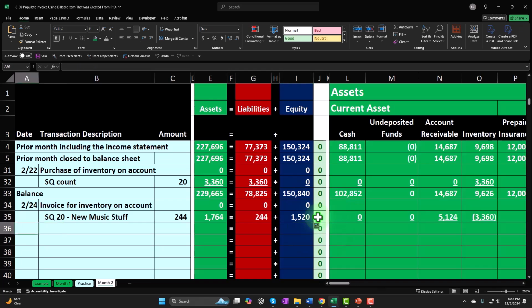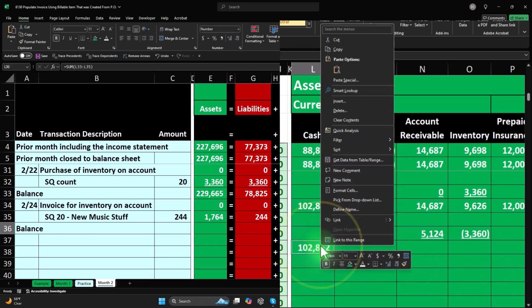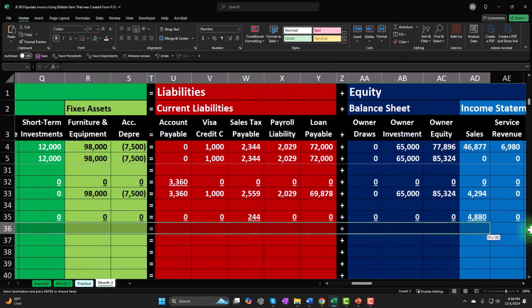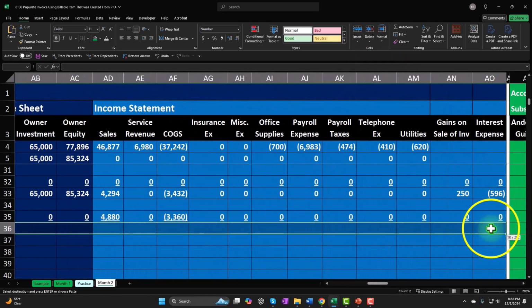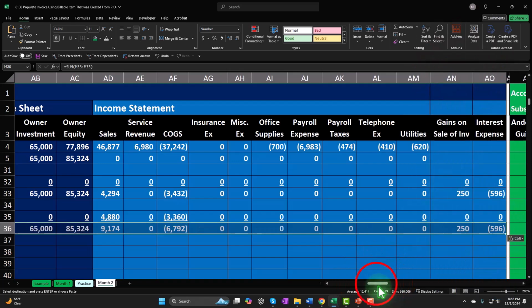All right, now let's bring down the ending balance. So I'm going to sum it up, equals the SUM, prior balance plus the current activity. Right click and copy. We're going to paste that all the way across, but paste just the formula, so you don't mess up my color coding.